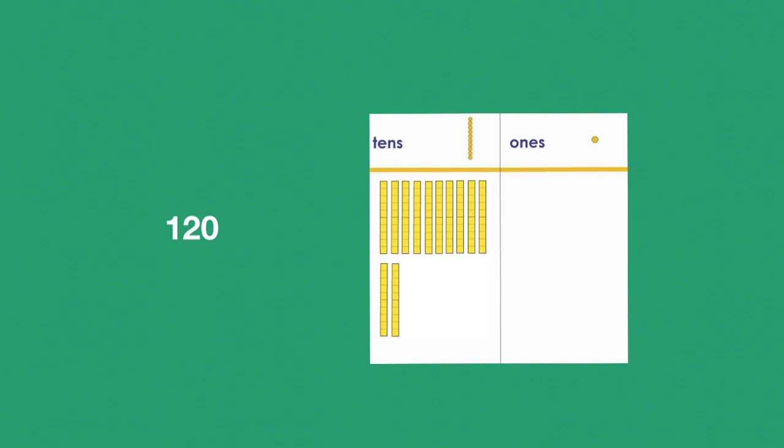We here have 12 rods or groups of 10. But wait, we don't have anything in our ones place on our place value chart. That is represented by 0. So here again you can see our number 120 is represented by rods and units. In this case, just rods.